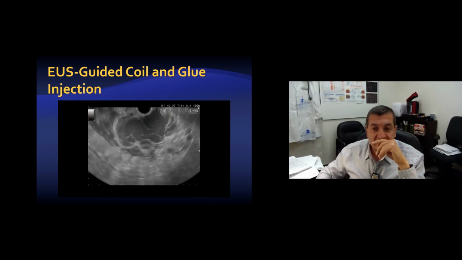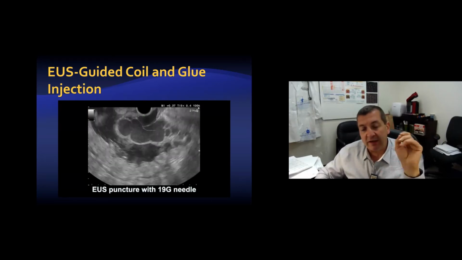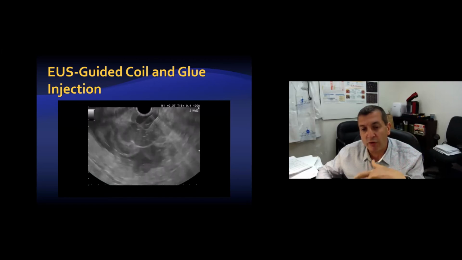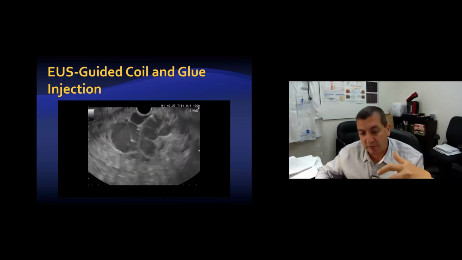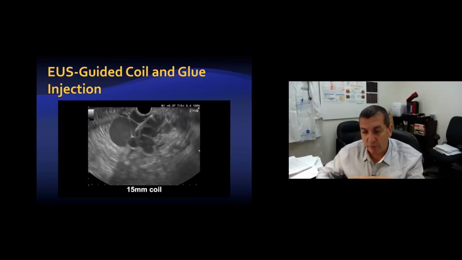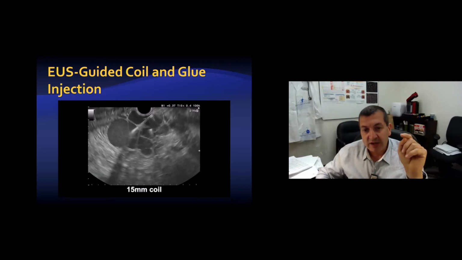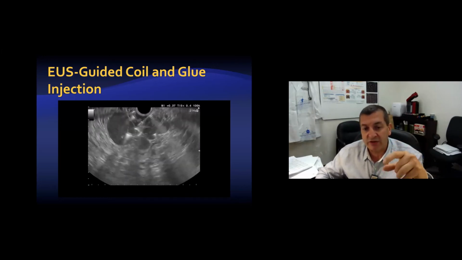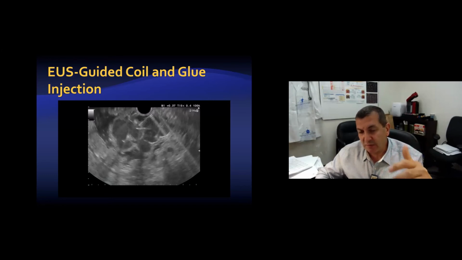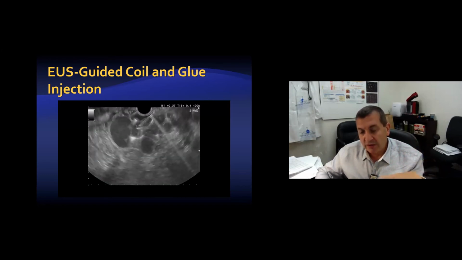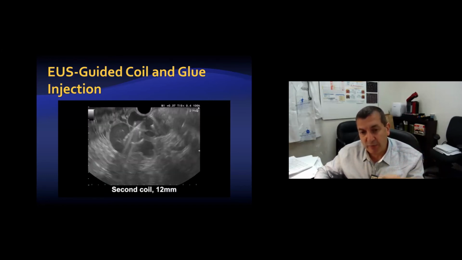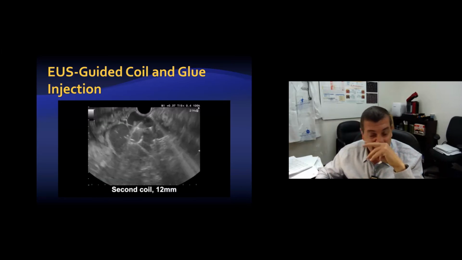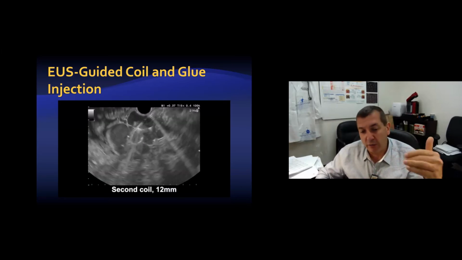And instead of just putting glue, which is going to be a massive amount of glue, there is a risk of this glue going and embolizing things. So what we learned from IR is that we can actually put a coil, similar to the coil that IR used, to create a space occupying lesion and allow a little bit of clotting to form around that area. And we follow it by glue injection.